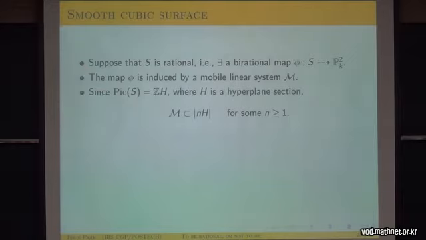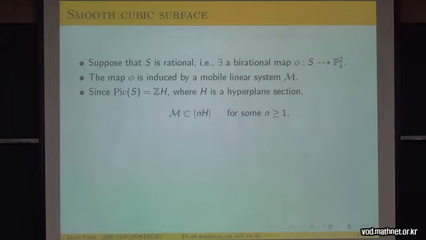Let me describe it this way. A linear system is the set of curves such that any two curves in this linear system are in that relation: one is the zero, and the other one is the pole of one rational function.